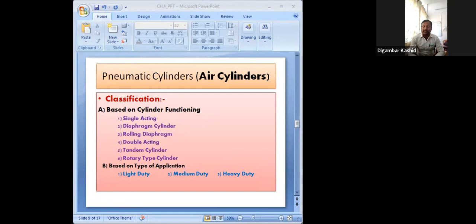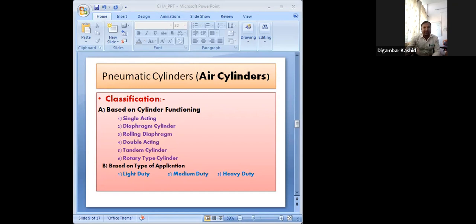This category has been made based on the cylinder's momentum, and based on the cylinder's design, we have the tandem cylinder, telescopic cylinder, then a cushioned or cushioning end cylinder, or a through rod cylinder. Those are the different types made based on the cylinder's design.